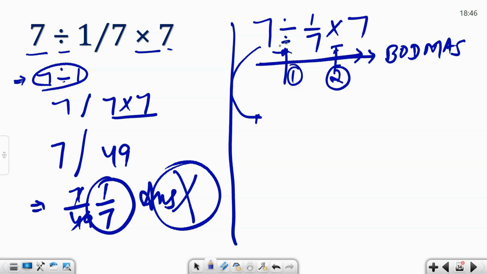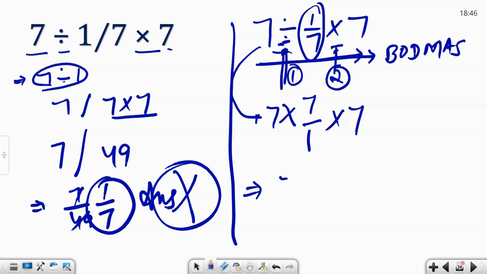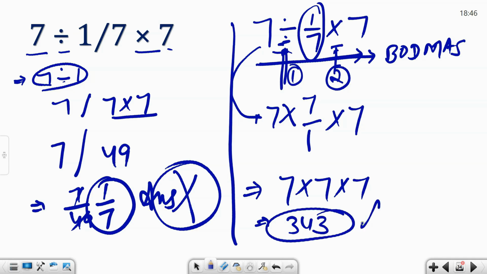So here, division has the first priority. So we'll change the division to multiplication and reverse 1 by 7, making it 7 over 1 times 7. Now, 7 times 7 times 7, that's 343. This is the right answer. And earlier we got 1/7, which was incorrect.